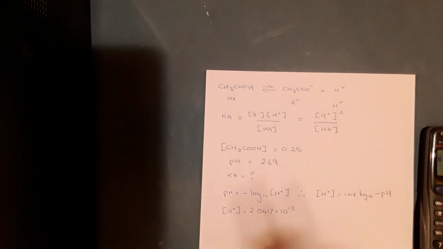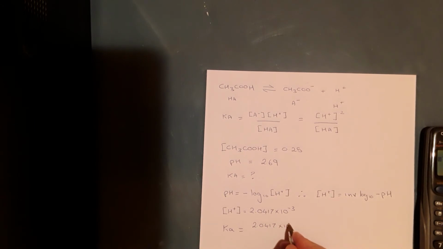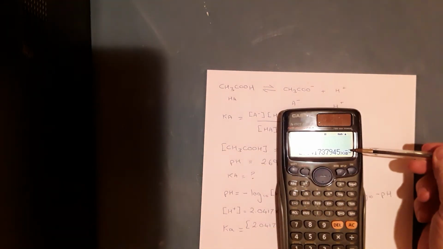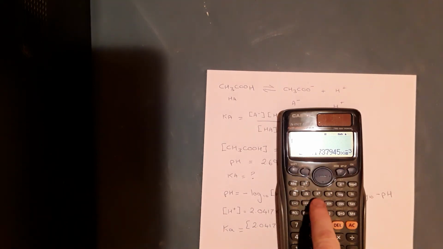Our equation asks for that to be squared, so we can write Ka equals 2.0417 times 10 to the minus 3, and we're going to square all of that. Remember, when you come to square it, use the whole number that's given on your calculator. An easy way of doing that, whilst the answer's still on there, is to press the x squared button.